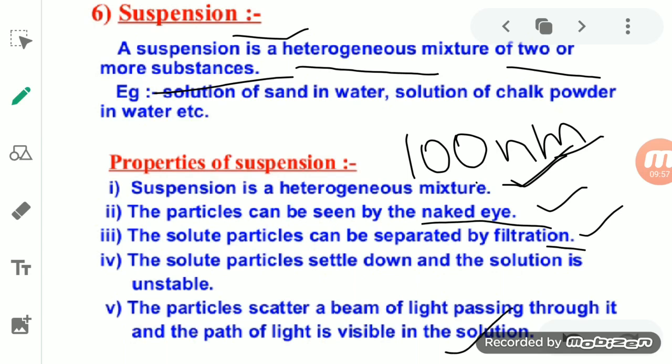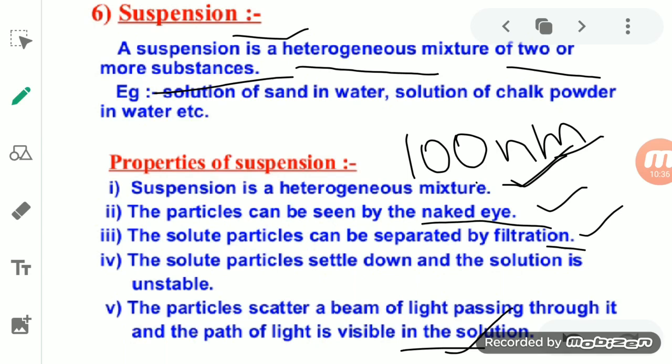Then the particles scatter a beam of light passing through them and the path of light is visible in the solution. When you give a beam of light through the suspension, a chalk and water suspension, you will find that the particles form a path of light that is visible in the solution. Why does it occur? It occurs due to the size of the particle.